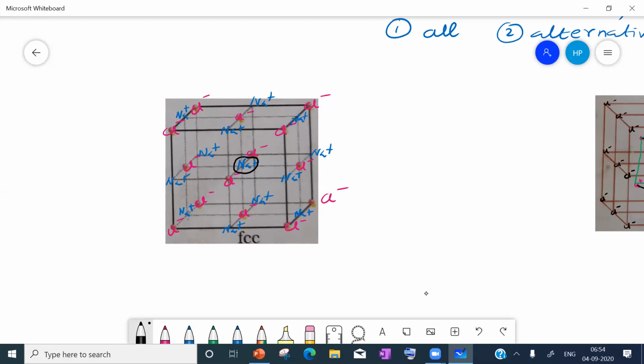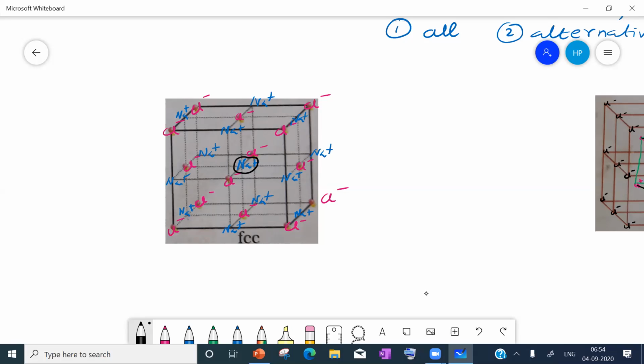Cl minus. This Cl minus, this Cl minus, left side Cl minus, top Cl minus, down Cl minus. So for this black rounded Na plus, the first nearest neighbors in all three directions are Cl minus ions only.